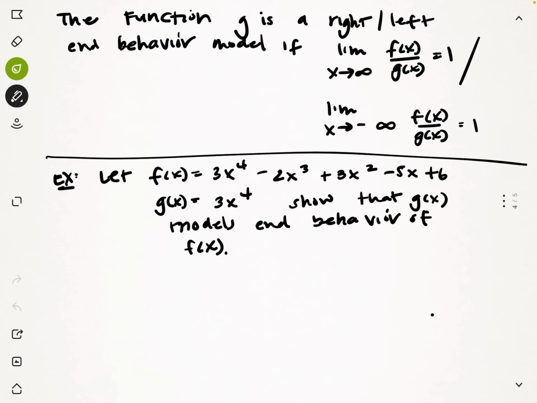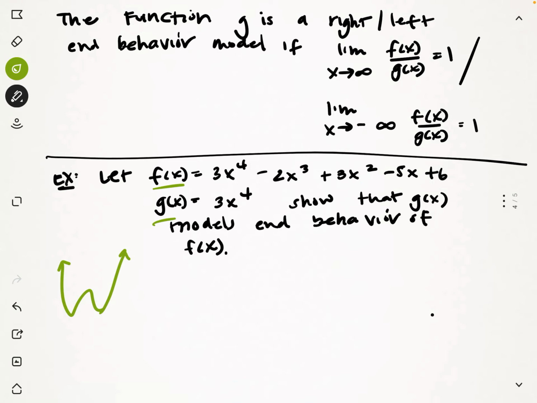Let's look at this next example. We have f of x and we have g of x. f of x is 3x to the fourth minus 2x cubed plus 3x squared minus 5x plus 6. If you graph that, it would be a curvy polynomial function in the middle part.